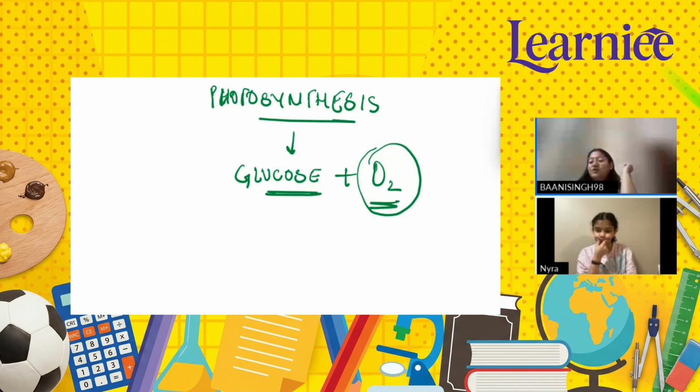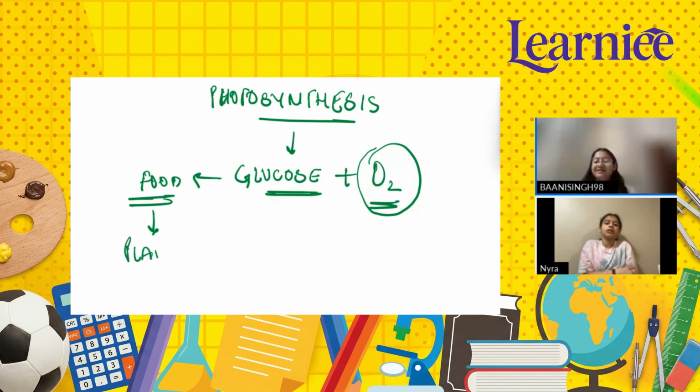Glucose will be considered as the food molecule which will be utilized by the plants themselves, and obviously by other organisms like us, we human beings. We eat plants, they serve as a source of food for us.